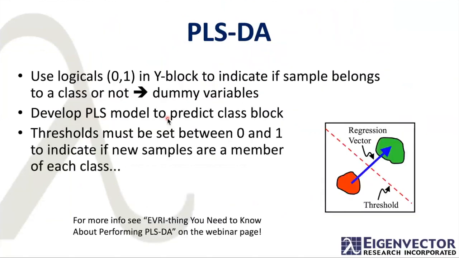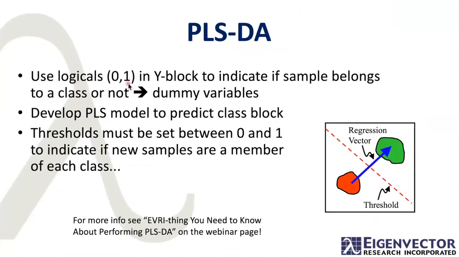In PLSDA, we try a different way. Let's say that I've got 2 classes, the red one and the green one. The idea is that I'm going to build a PLS, partial least squares model, that finds a vector that goes from this class to that class, and I'm going to draw a threshold at some point in between these classes that provides my best classification. Well, the Y block is going to be a set of logicals, dummy variables, zeros or ones.